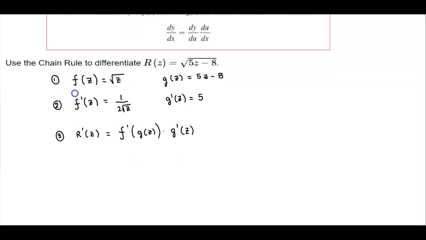Okay, so what it says here is we want to find f prime. Well, what is g of z? We know that g of z is 5z minus 8. And then we're going to multiply it by g prime of z. Well, we know that g prime of z is equal to 5, so this is times 5.